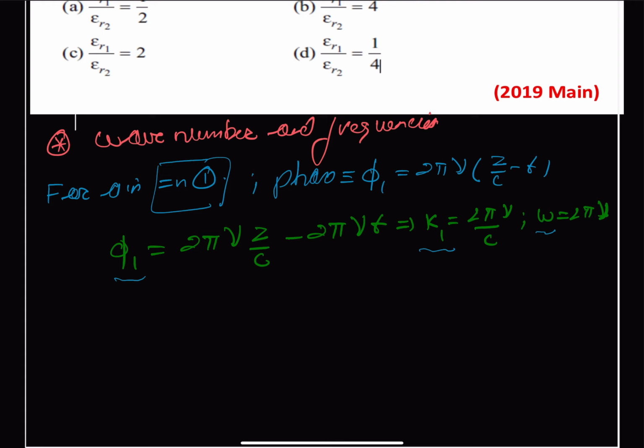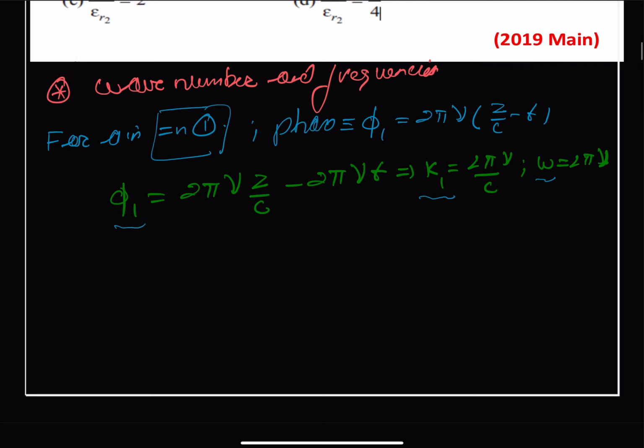And similarly we are going to write for the medium, which is our equation number 2.